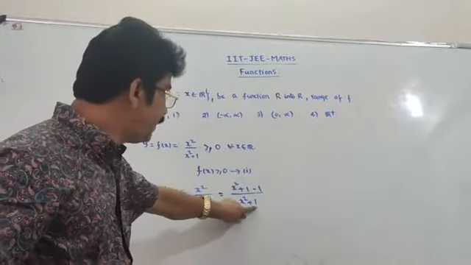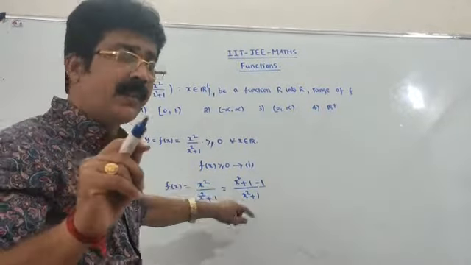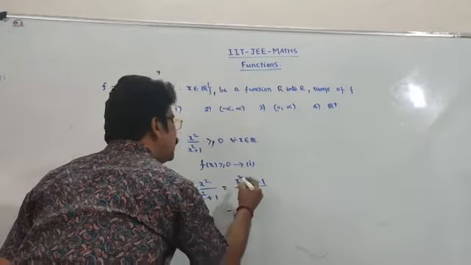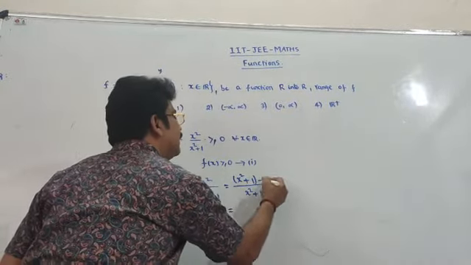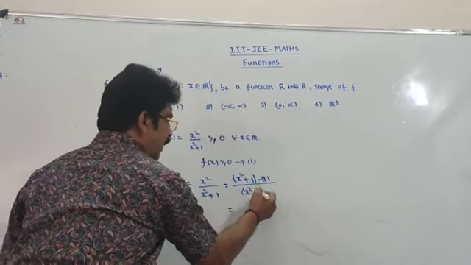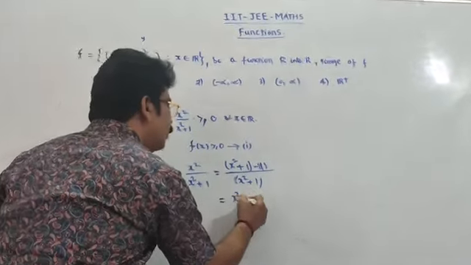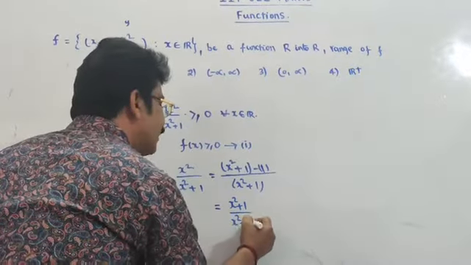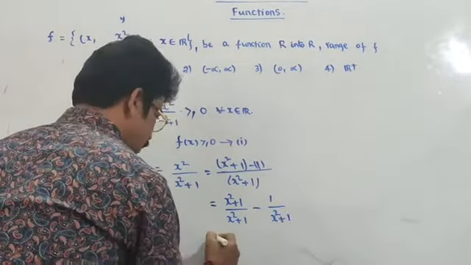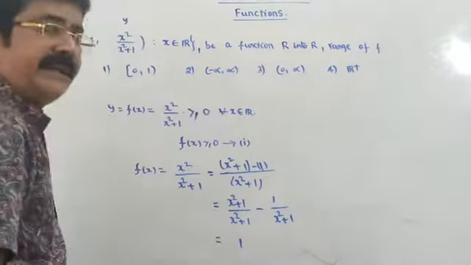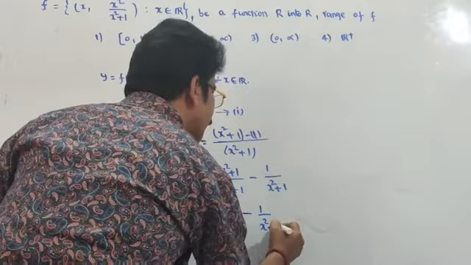No. Here the denominator is plus 1, that's why we add the same constant. Remember this point. So on division, x square plus 1 divided by x square plus 1, minus 1 divided by x square plus 1. Therefore on cancelling, it is 1 minus 1 by x square plus 1.